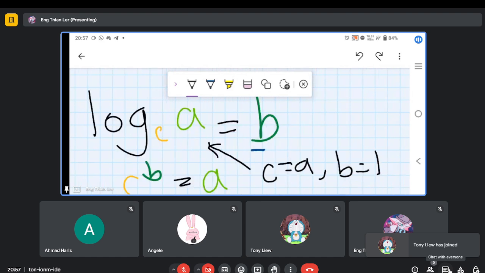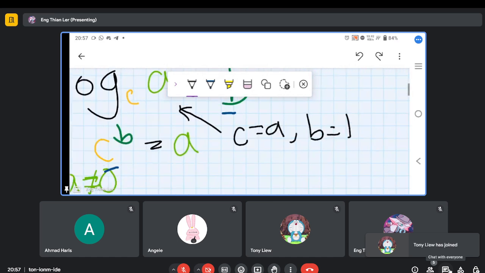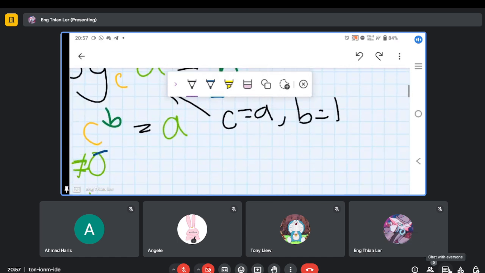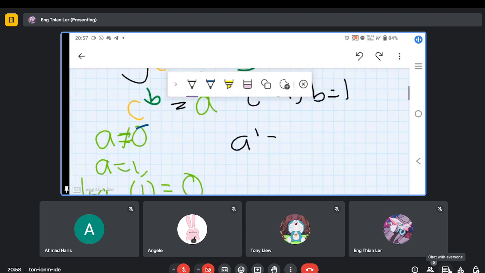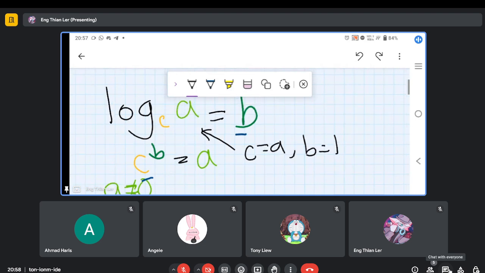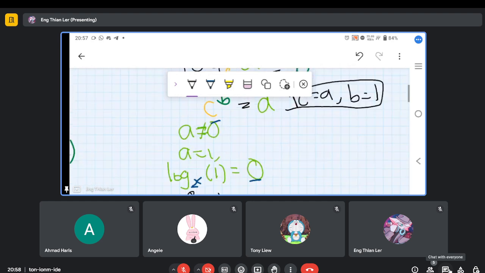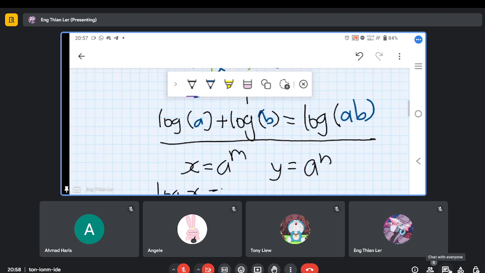It's the same thing as a to the power 1 equal to a. When you do the same thing, you just take log. Remember this: when the base is equal to the index, b is 100% 1. This is very important because this can trick you sometimes, and when you forget it, it's a fatal mistake.